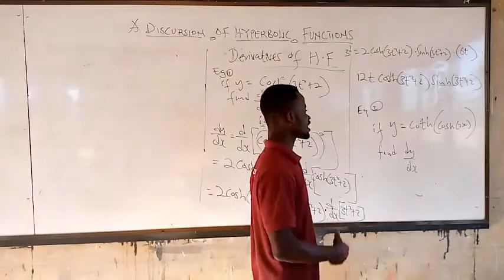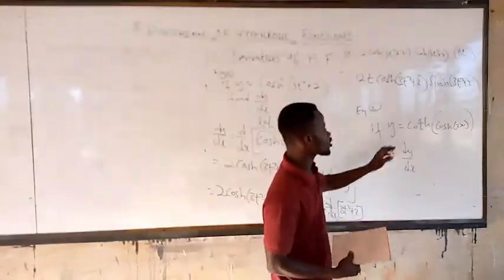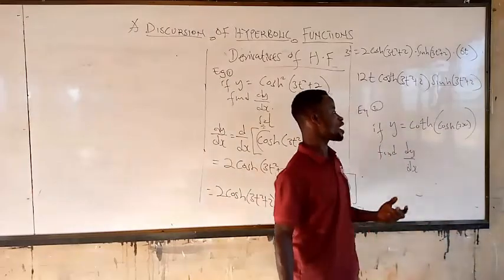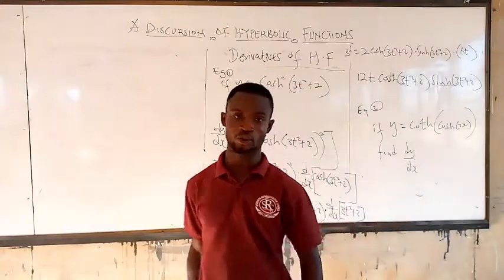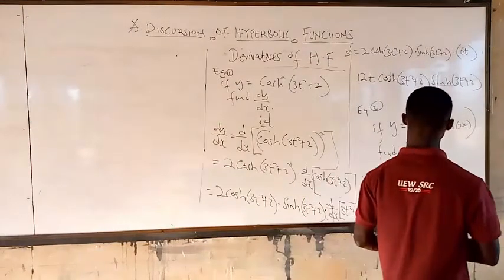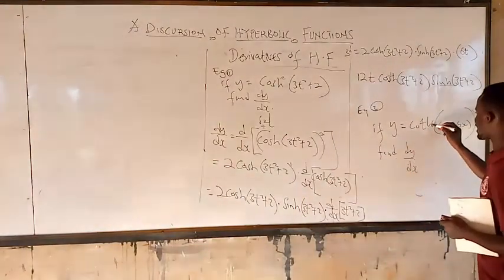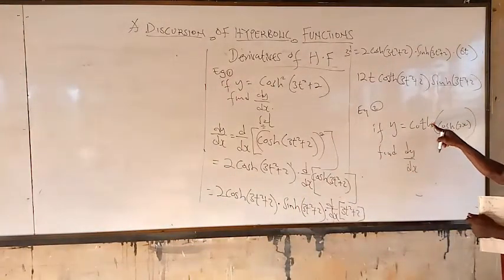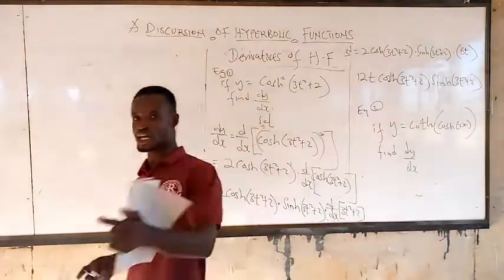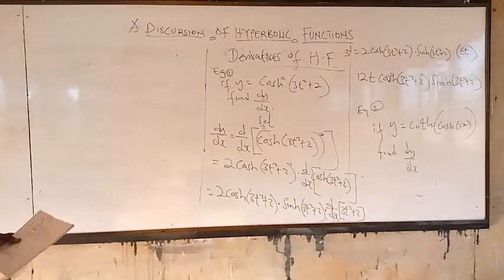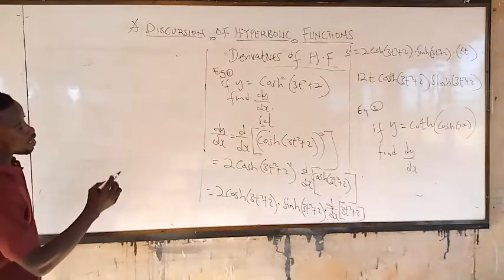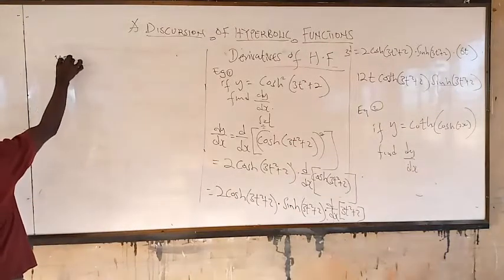So it's like cot of theta, and the theta is now represented by cos of 2x. So this is purely a chain rule, but not a product rule. Because you are not having something like x here, then you'd be thinking that it's a product rule. There is the angle for this. So please, it's not a product rule, but rather a chain rule. So let's solve this by a chain rule.